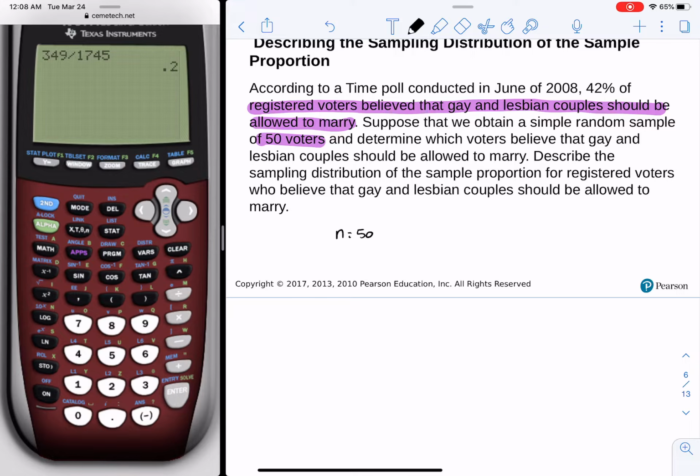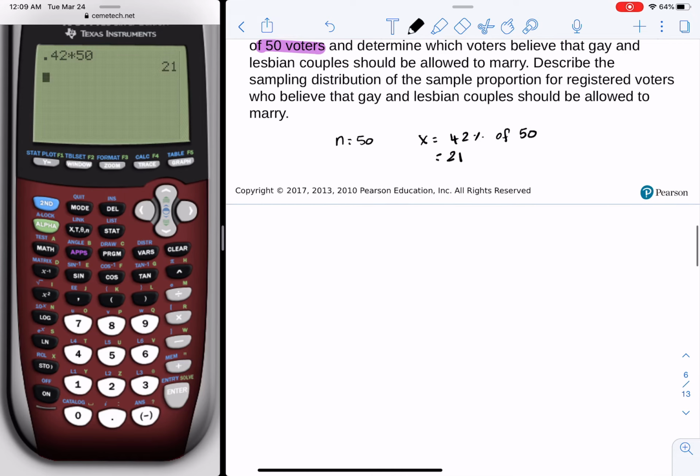42% said that they are perfectly fine with gay and lesbian couples being allowed to marry. So x in this case is simply 42% of 50, and that value is 21. So, how did I get that?